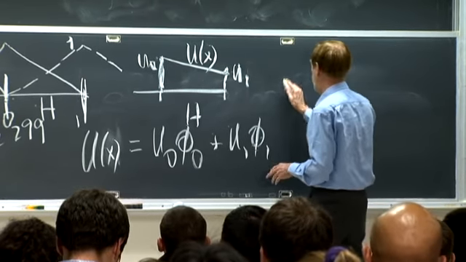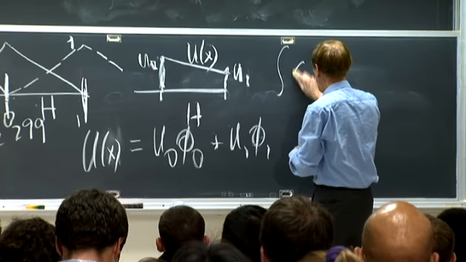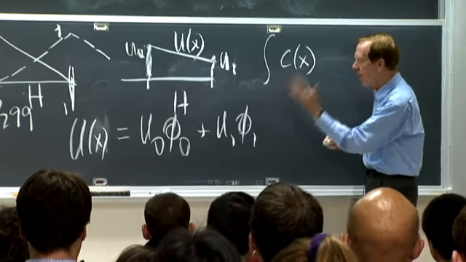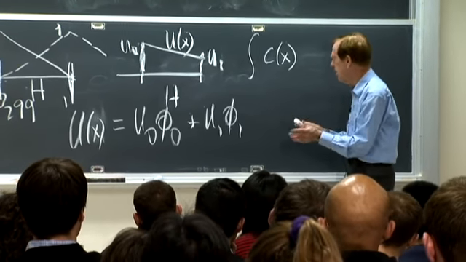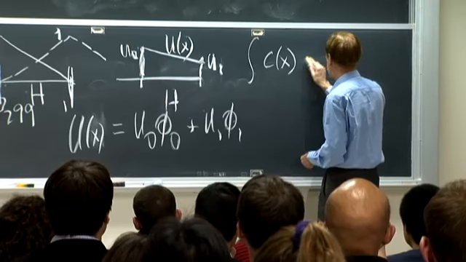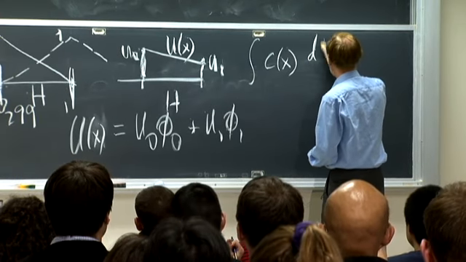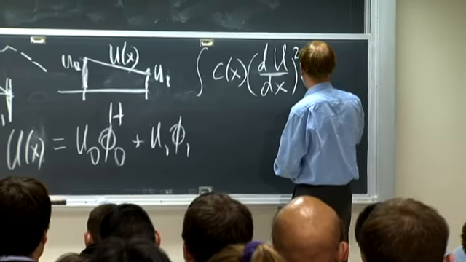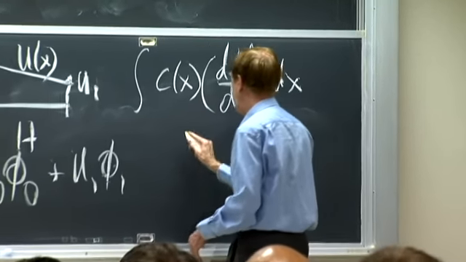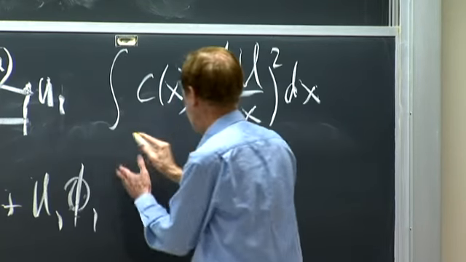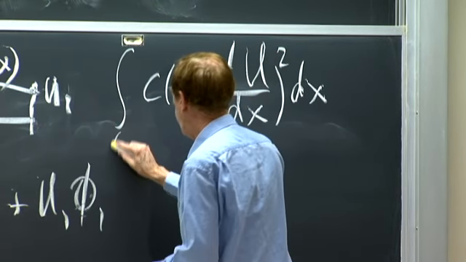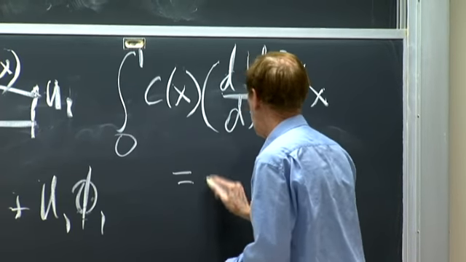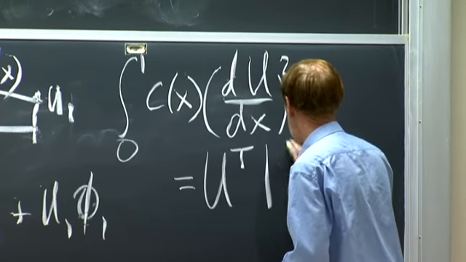I look at the quantity that I have, and I'm always taking the phi functions to equal the v function. So I can write this as the integral of c of x (du/dx) squared dx. Over the whole interval, that would be U transpose KU.